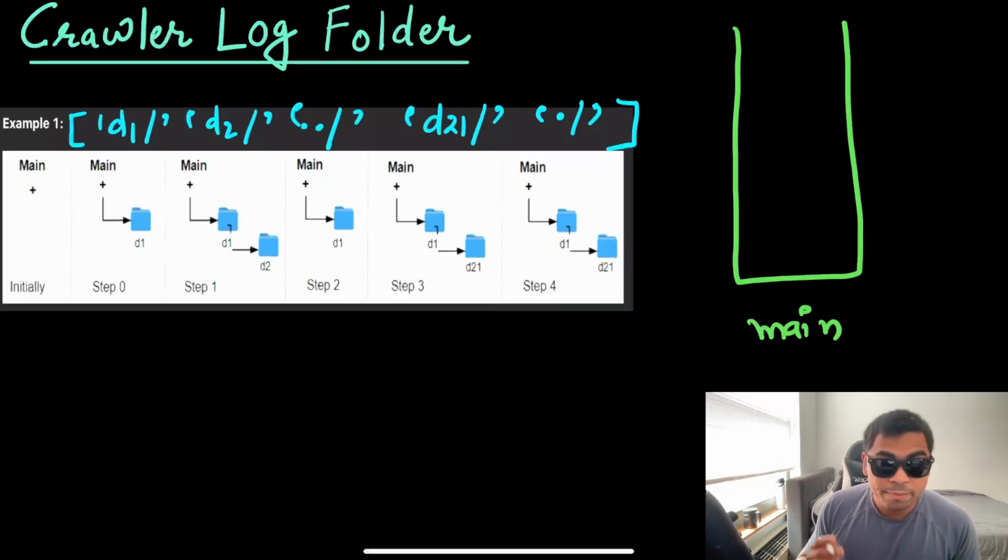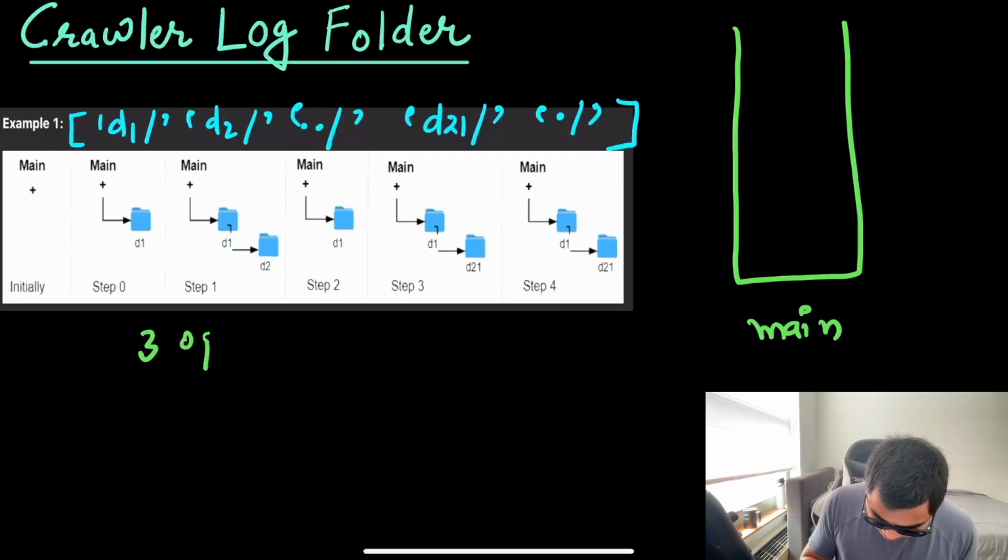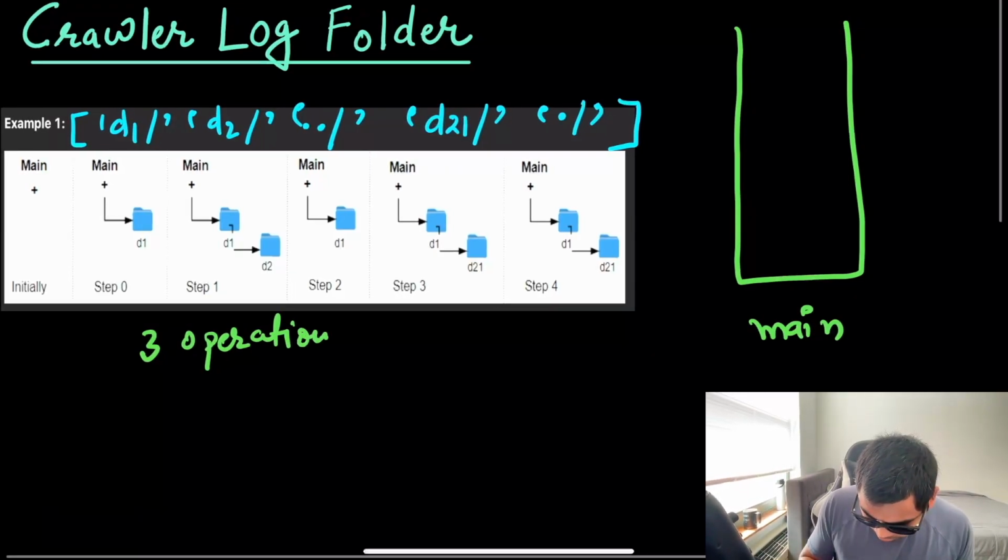But then we have to go through all these logs first, right? So we're going to go through these logs and perform these operations. There are 3 operations that I can see.